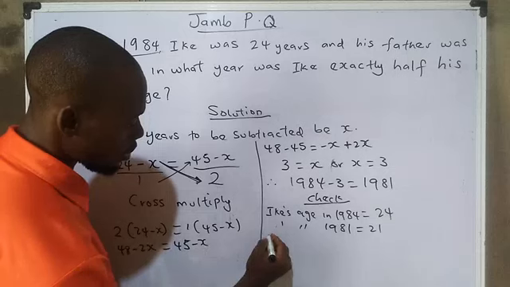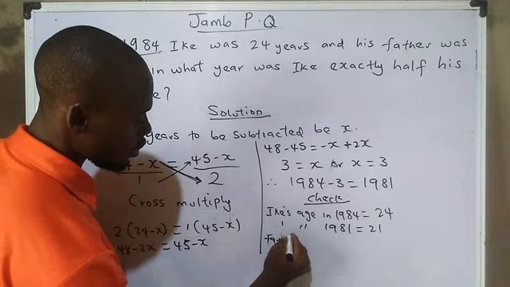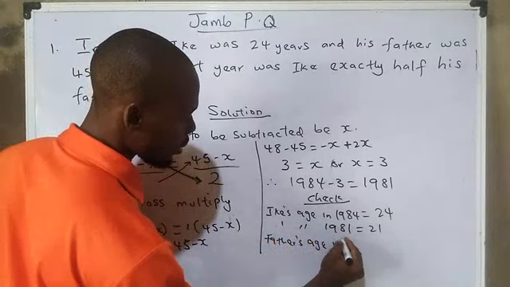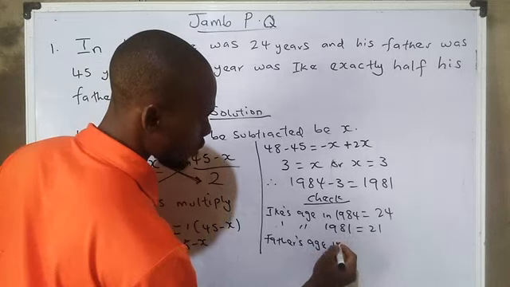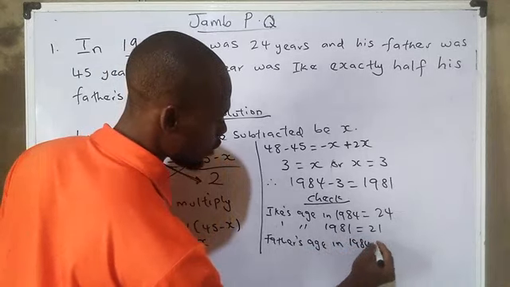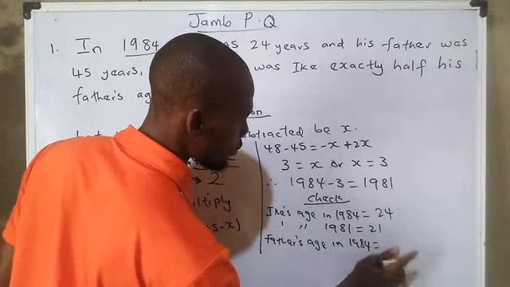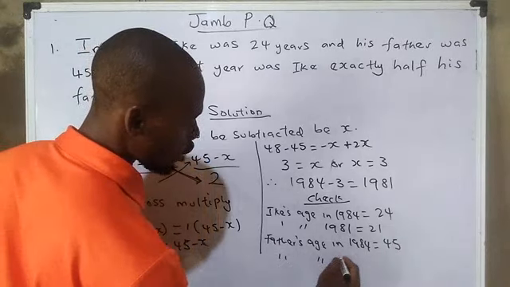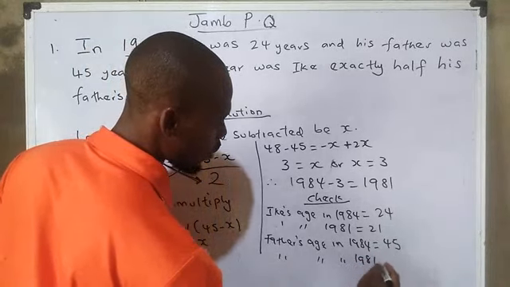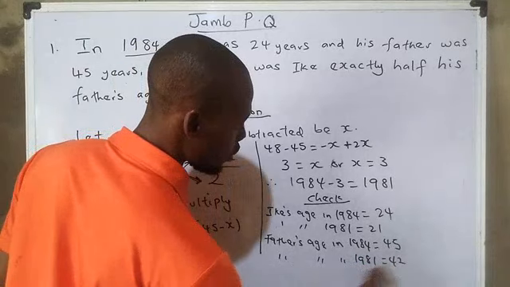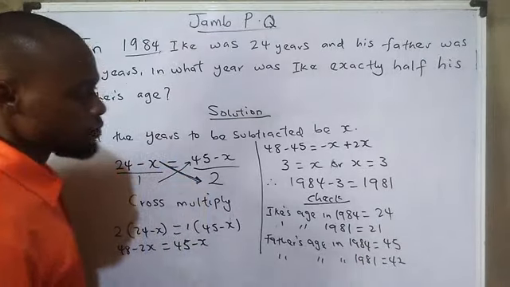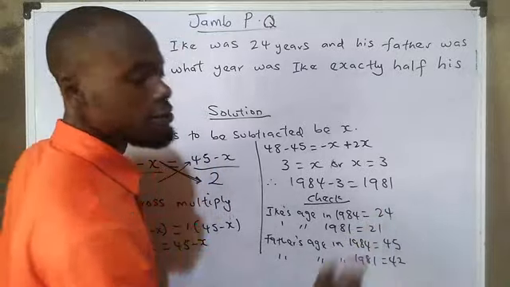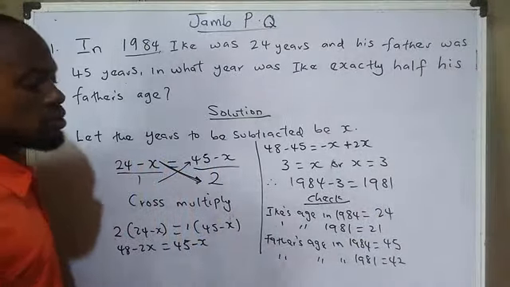The father's age in 1984 is 45 also, right? So the father's age in 1981 will be 42, if you subtract 3 from it. And you can see that 21 is exactly half of 42, and hence problem solved.